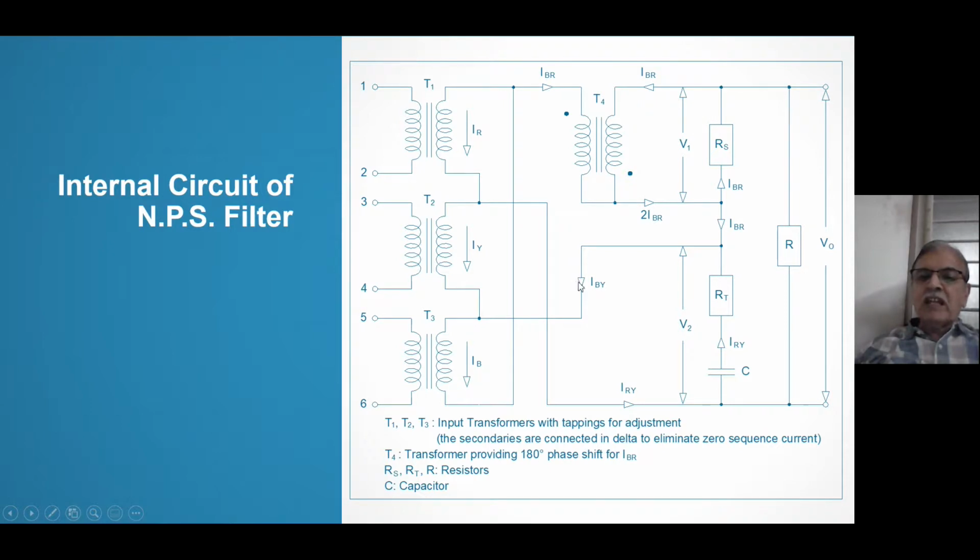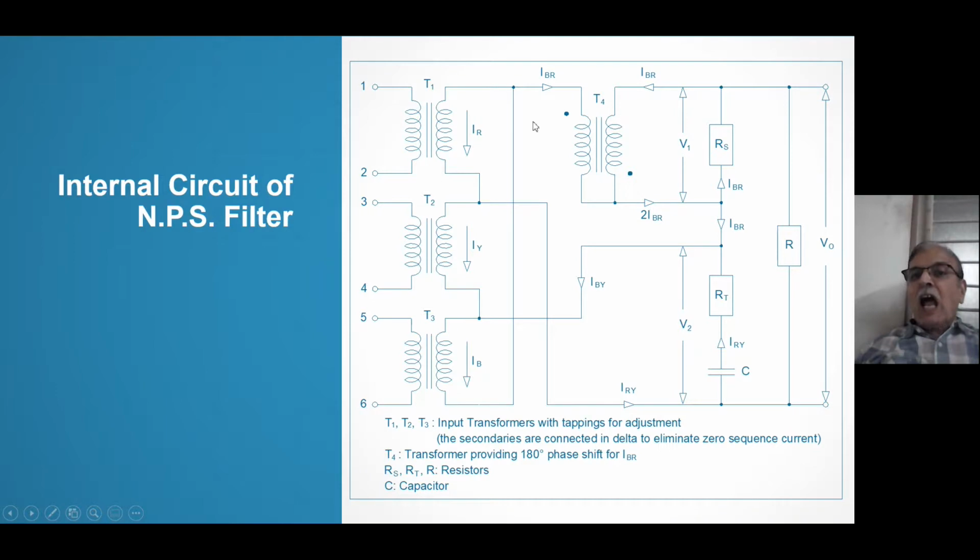So this is IBY. If I write IB, then the direction will be reversed: IY minus IB. But this is IBY, I have written it like this. Right. So IBR and IBY. This is IRY. IR is coming here, and from there this IY is going out. So this is IRY. So these 3 line currents are there now.